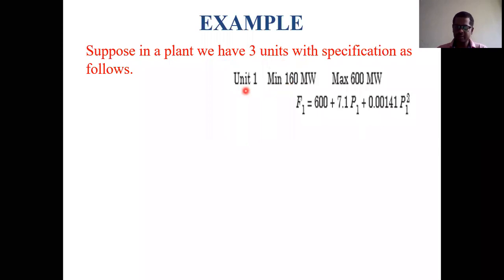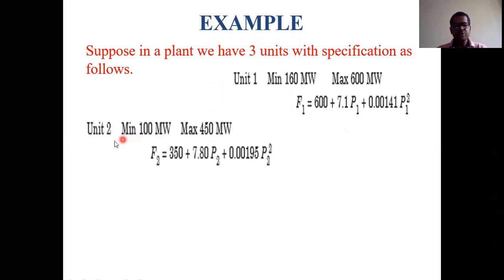This is unit 1. The minimum power is 160 megawatts and the maximum power it can generate is 600 megawatts. And the fuel cost function is given by F1 equals 600 plus 7.1 P1 plus 0.00141 P1 square. So this is related to unit 1.